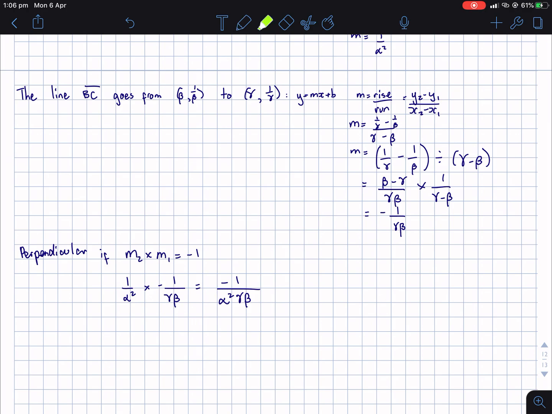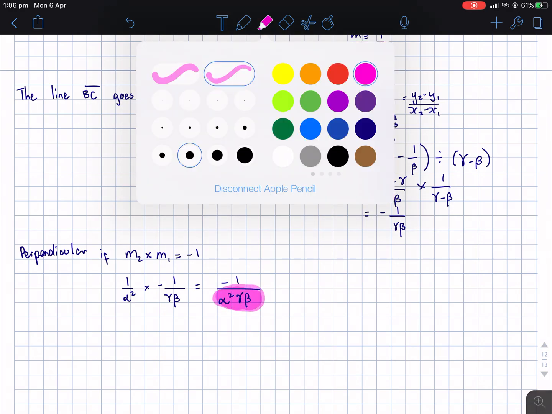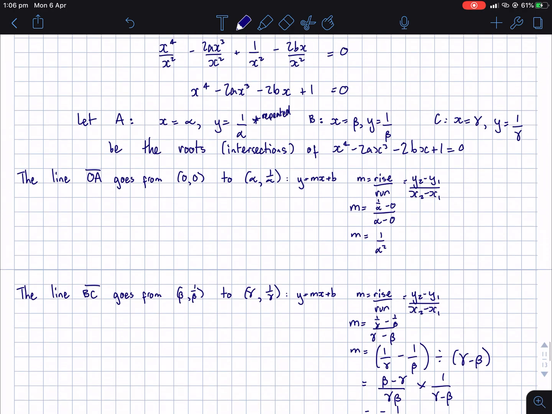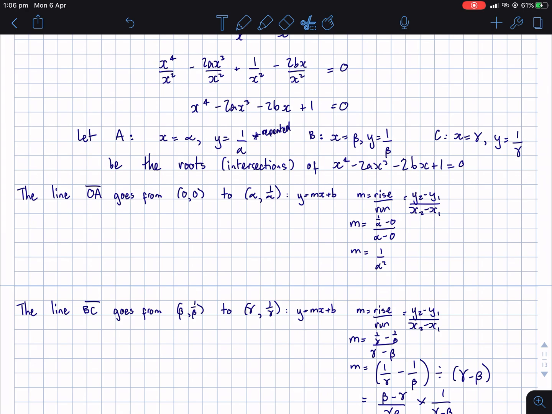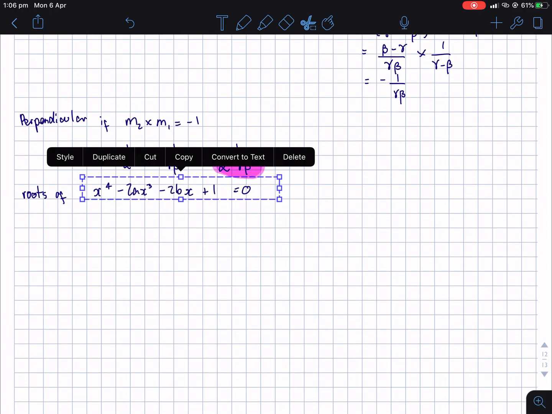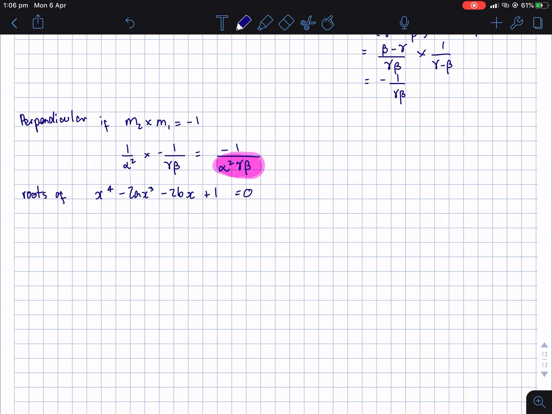This thing is looking familiar though. If I had the roots of the quartic, the quartic I started with, we'd already decided the roots of this are alpha because it's repeated, beta and gamma.